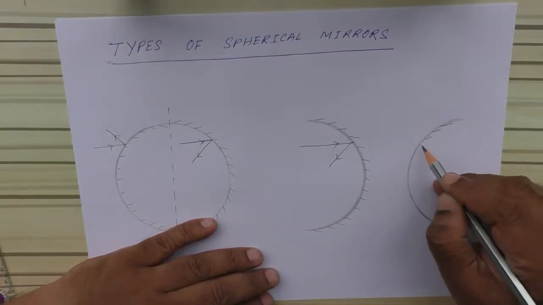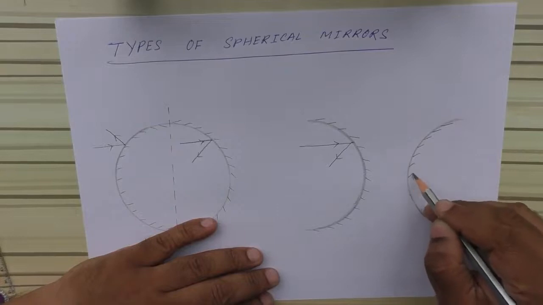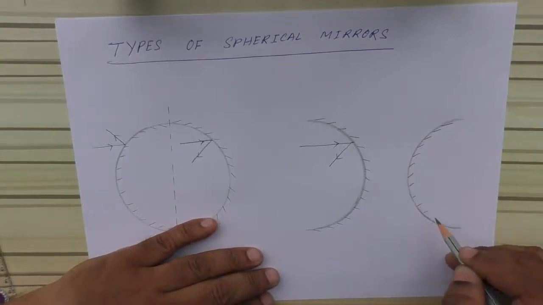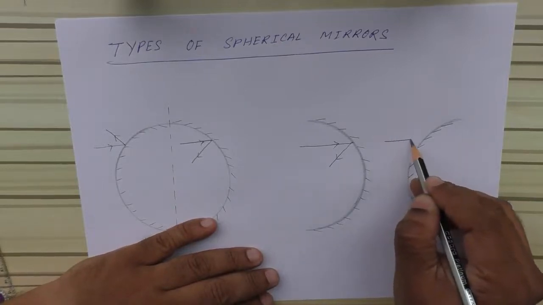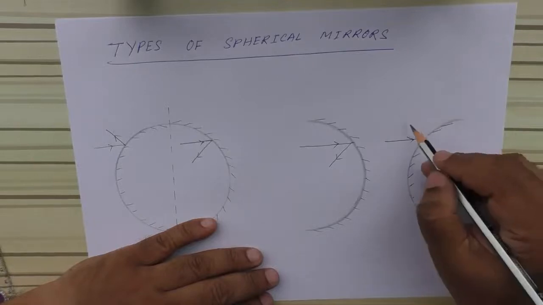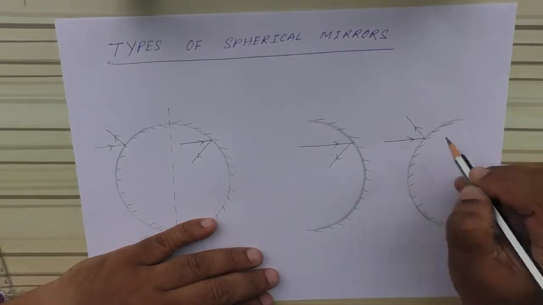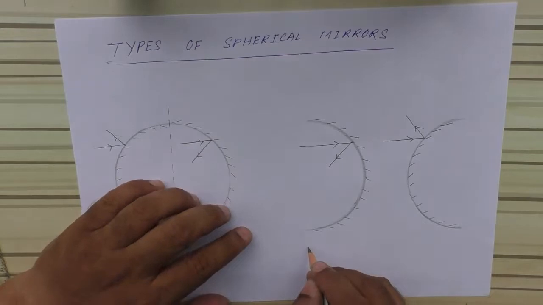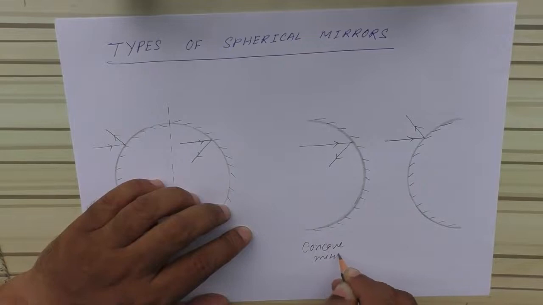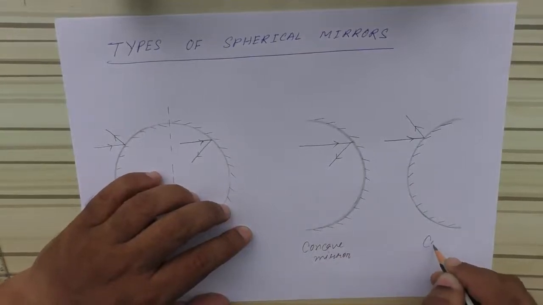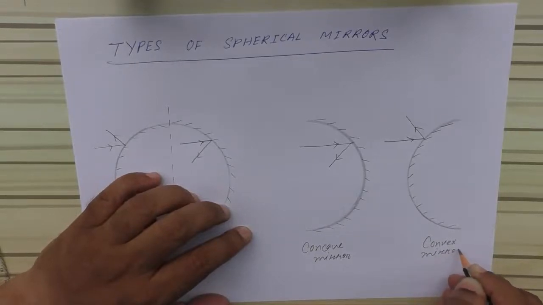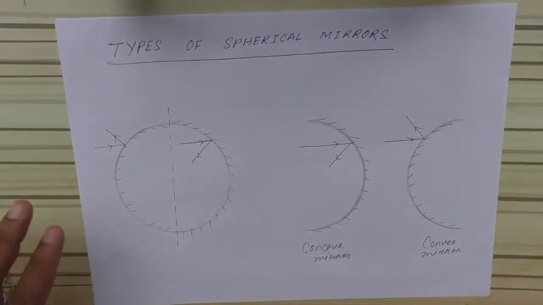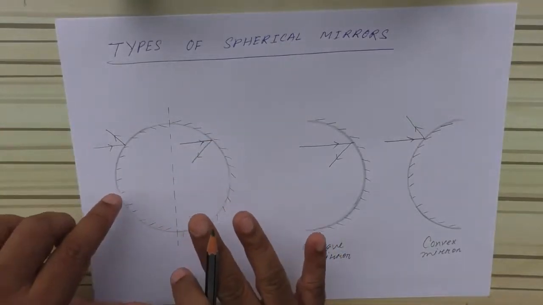Convex mirror is a type of spherical mirror which is polished from inner surface in which reflection of light takes place from bulging out surface, or we can say convex surface. So this one is concave mirror and this one is convex mirror. Okay, and this diagram represents both the types of spherical mirror.